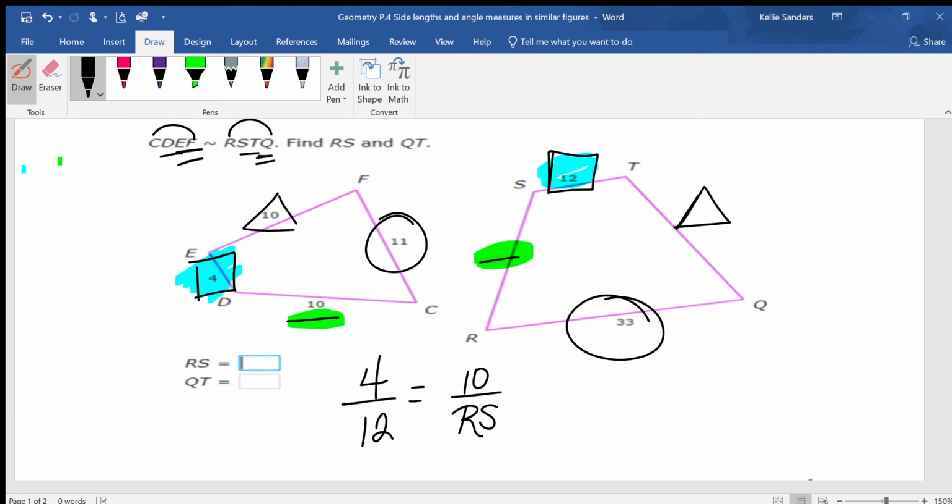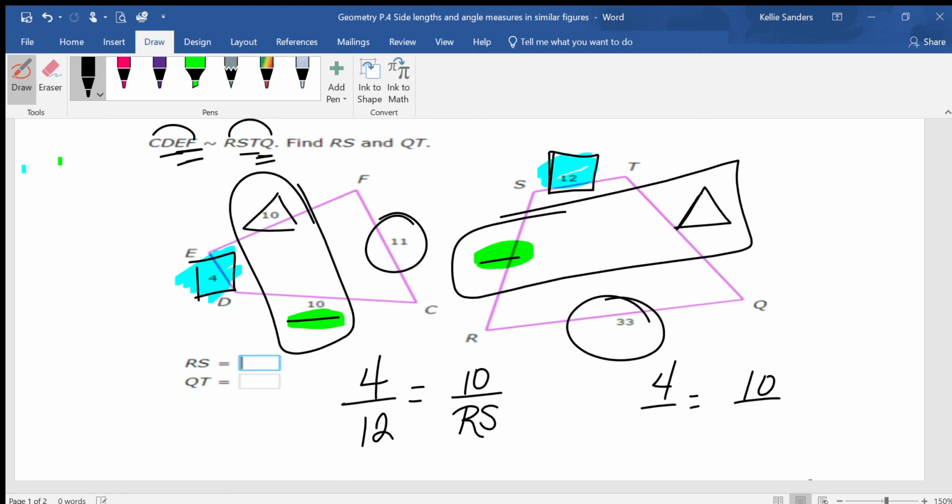I want to make sure that I understand what's going on. Again, we can use the 4. It helps if I actually look at the problem again. If these two sides are the same, then these two sides are going to be the same.